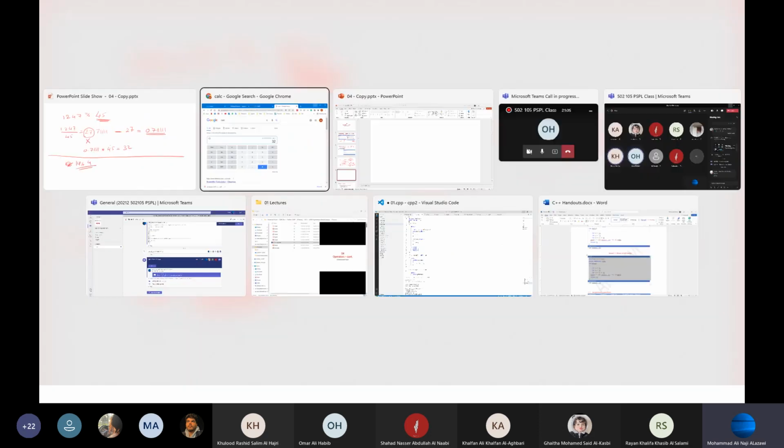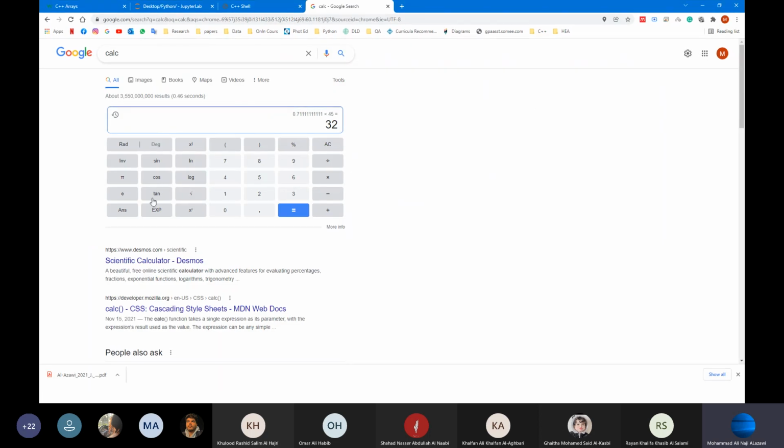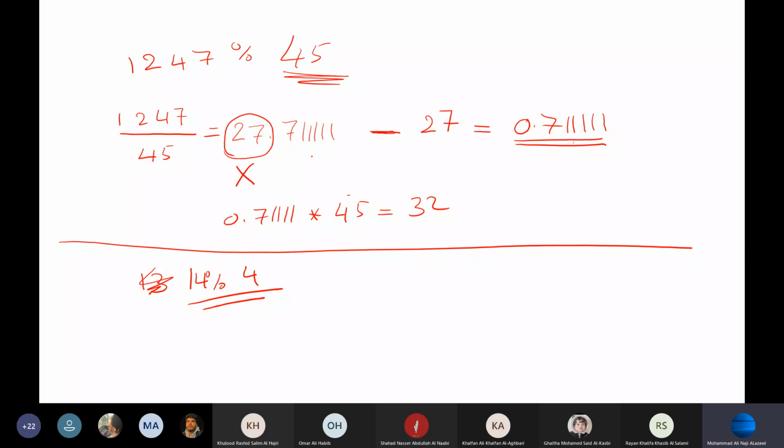Do the same calculations. 14 divided by 4 equals 3.5, right?